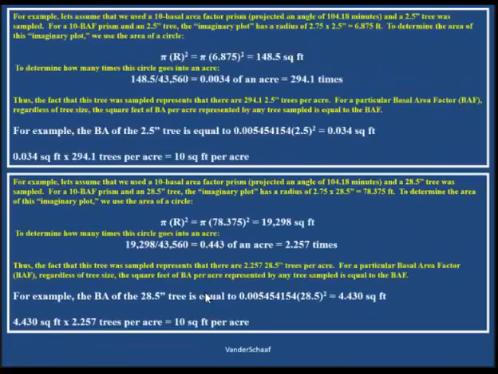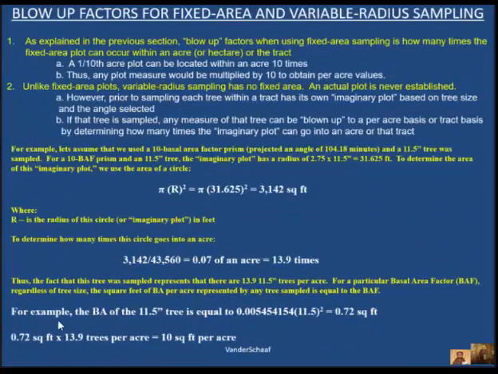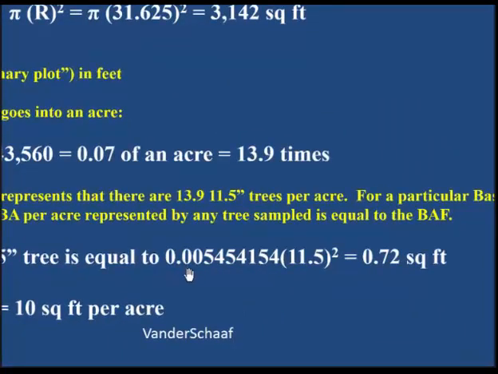Okay, so then we can now say, for example, that the basal area of the 11.5 inch tree, the basal area of that individual tree, is equal to our, what's this number here, everyone? This is R, Forester's constant, 0.005454154 times the DBH, 11.5 inches squared, which is 0.72 square feet.